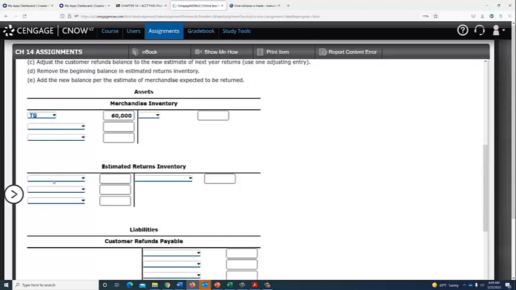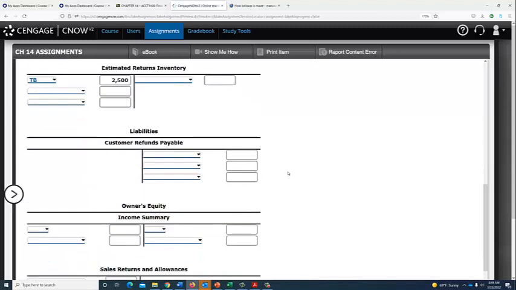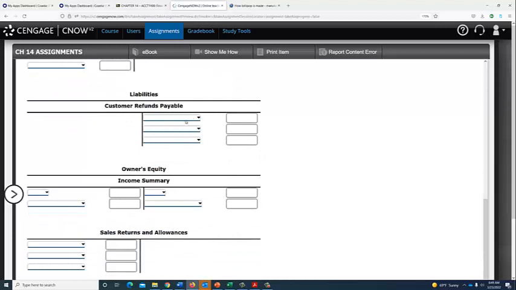Then estimated returns inventory had $2,500, and customer refunds payable had $4,000, and then sales returns and allowances had $20,000.